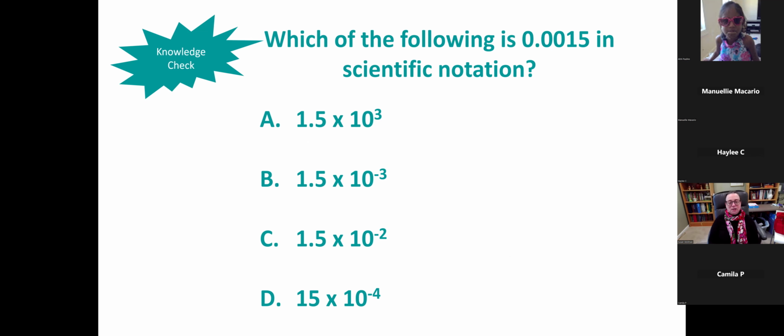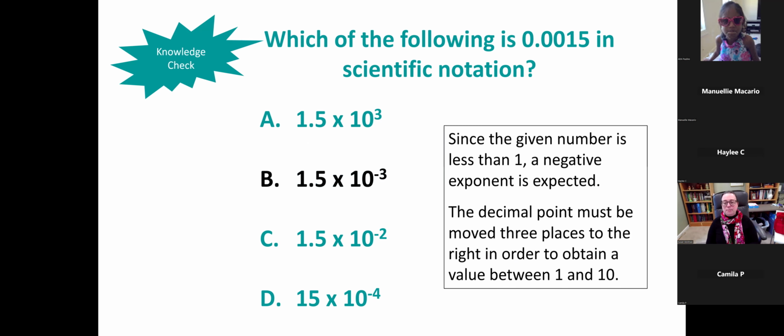Good. All right, awesome. It is B. It's definitely a small number, so it's not A. And then it's a matter of how many decimal places we move that decimal point. It's 3 places.